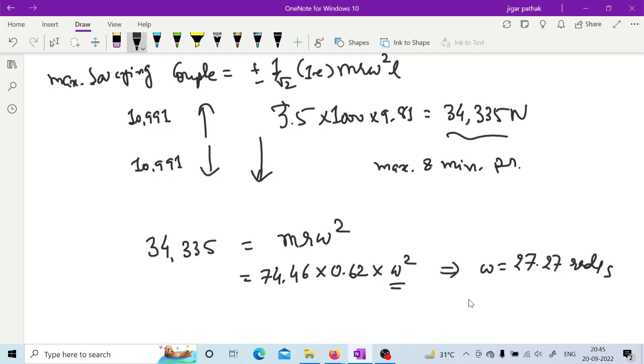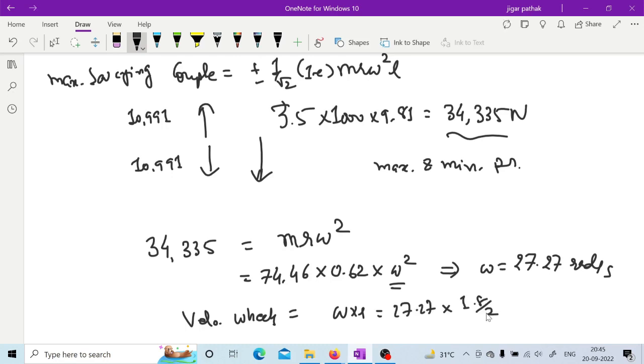Once you have omega, they will also ask the velocity of the wheel. Velocity of the wheel will be omega into r, right? This omega you have already calculated as 27.27, and r is 1800 mm divided by 2.